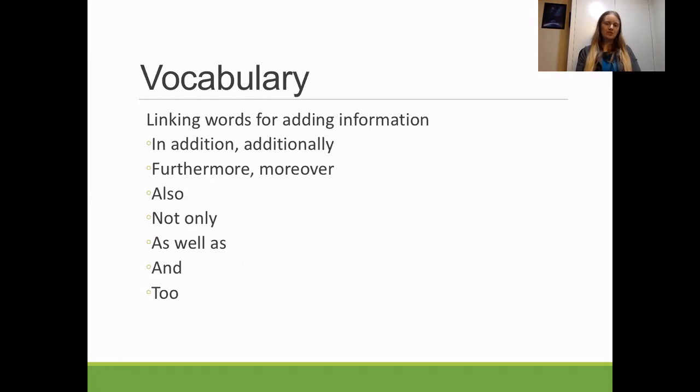When you're adding information, you can say things like, of course, and or to, but also in addition, additionally, furthermore, moreover, also, not only, as well as. So don't always say just and or to. Of course, you can use those words in your writing. It would probably be strange if you tried not to. But if you notice that you said and 20 times in your essay, then probably you should try to change that a little so that you can put in a variety.